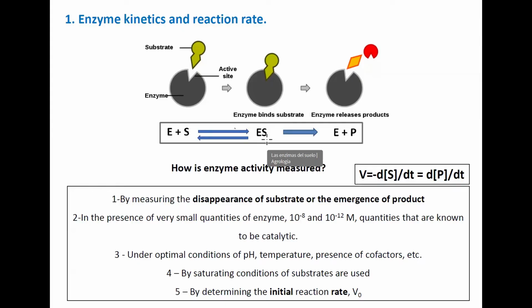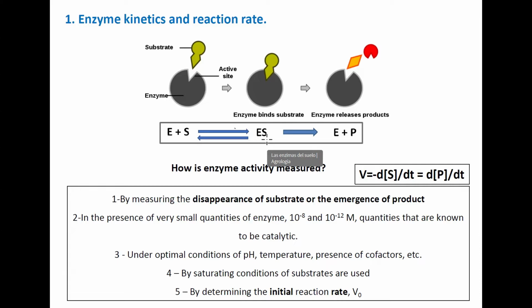These are quantities that are known to be catalytic, under optimum conditions of pH, temperature, and the presence of cofactors, etc. Saturating conditions of a substrate are used, and then you can also do that by determining the initial reaction rate, that is the initial velocity. So this tells you how an enzyme catalyzed reaction is measured.